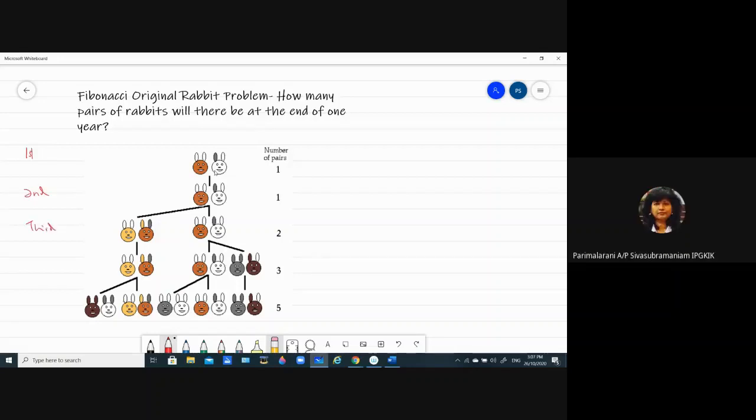At the beginning of the fourth month, this original rabbit will produce another, and this one won't produce yet, because it takes 1 month to grow. So at the beginning of the fifth month, it produces one more new pair of rabbits, and this one will continue to produce another one. So when we reach the 12th month, how many pairs of rabbits will there be?